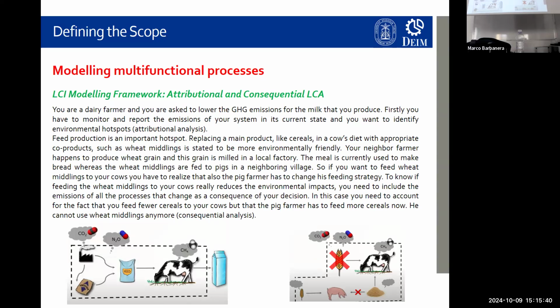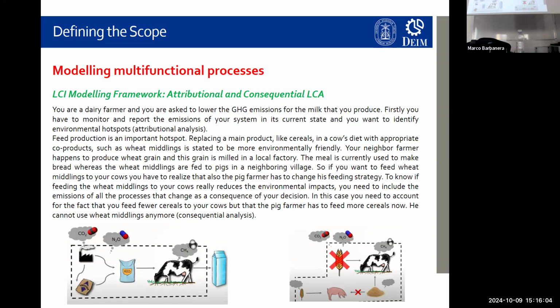This kind of analysis is a typical attributional analysis. So in this case, we focus our attention only on the environmental impact due to the production and use of our milk, okay? But this milk is considered separated from the rest of the economy, from the rest of the market.